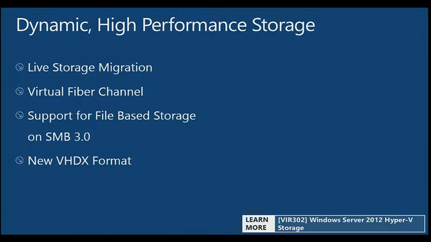And bear in mind that 64 terabytes is a limit of one virtual hard disk file. Windows Server Hyper-V allows you to attach up to about 255 virtual hard disk files to a single VM. So potentially you could have 255 times 64 terabytes, whatever that is, petabytes or something, I suppose. So we can scale VMs massively.